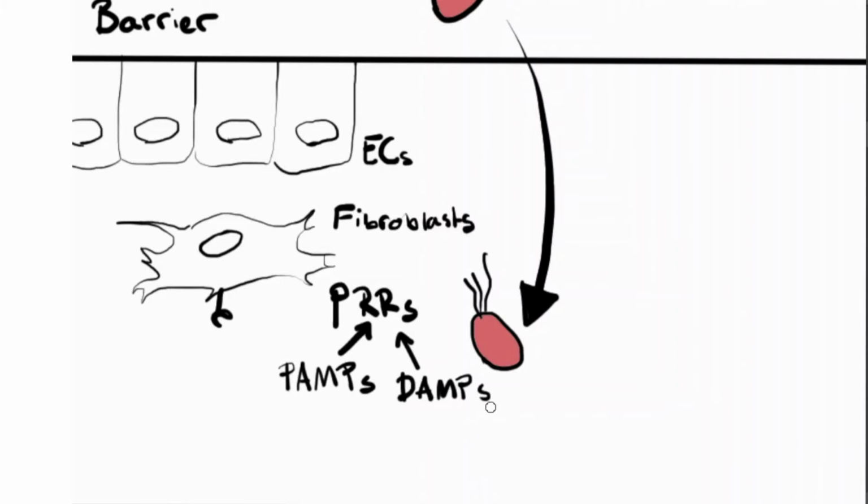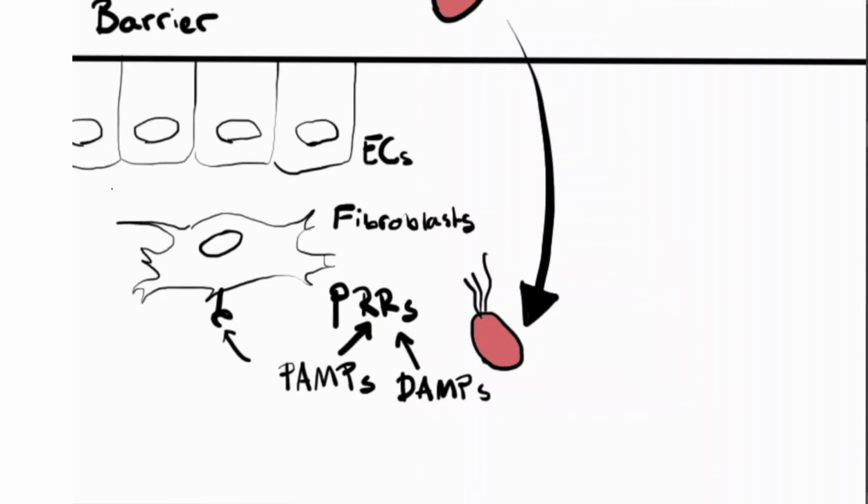That kind of signals that there's something bad going on and that we need an immune reaction here. So basically all of these can bind to different pattern recognition receptors on the stromal cells here, which will lead to them altering their protein expression pattern.